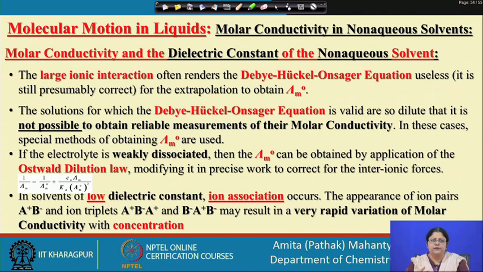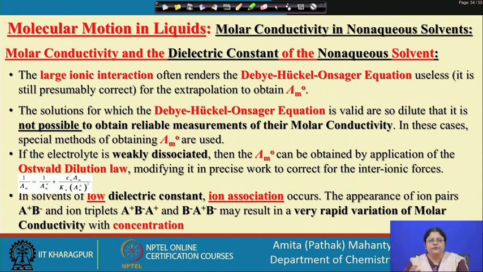Usually, if it is weakly dissociated in this medium, then we can use the Oswald dilution law, which we have used here. If we know the ionization constant, we can find the value from the plot of 1 by lambda versus C lambda on the x axis.